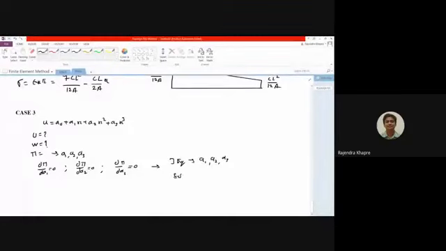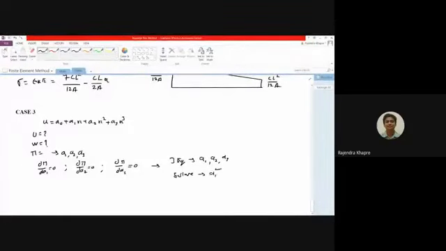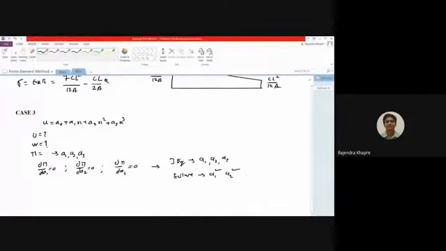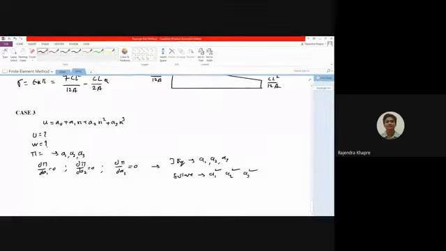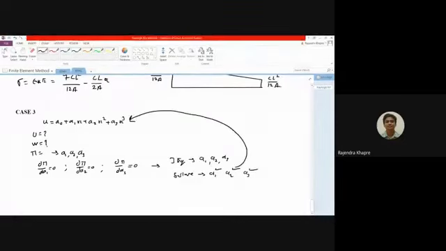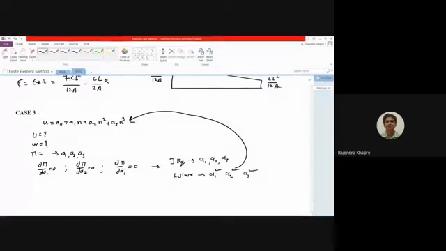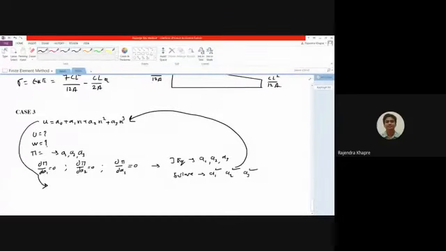You solve this, and you will get the a1 value, the a2 value, and also the a3 value. Once you know a1, a2, a3, and of course a0 will be 0, you can substitute these values in this expression. Finally your u value is going to become something like this.